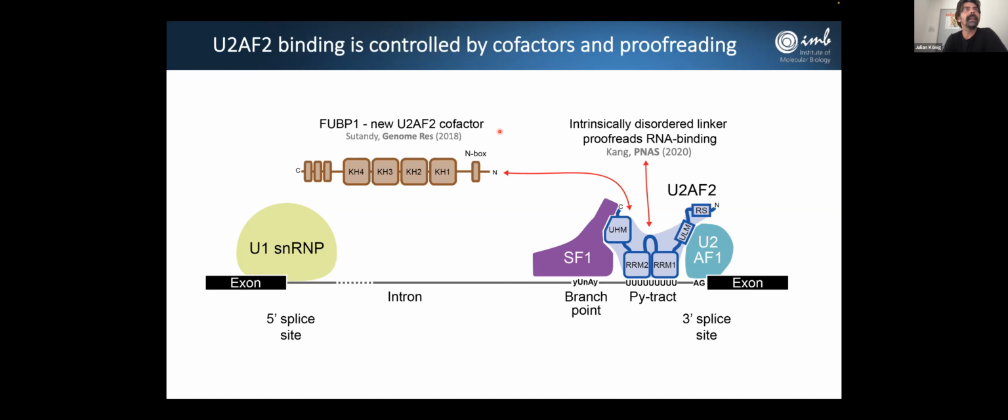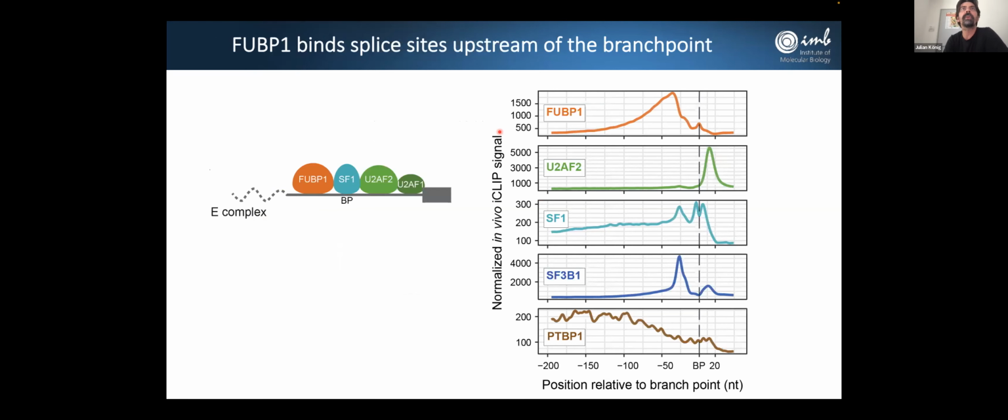So, as I said, we identified FUBP1 as a potential new regulator. And so to learn what this protein is doing, we performed iCLIP experiments in vivo with FUBP1.